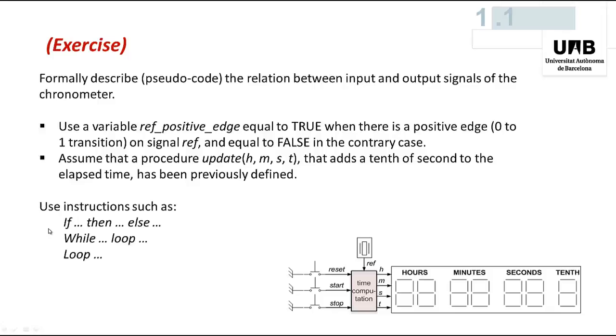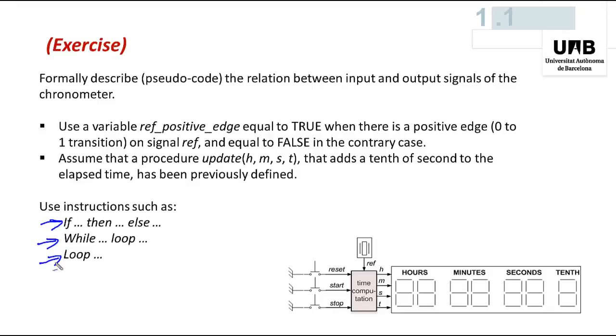For example, instructions such as if some condition, then do some operation, else do another operation, or while some condition holds true, loop, and then a sequence of operations, or simply a continuously executed loop.